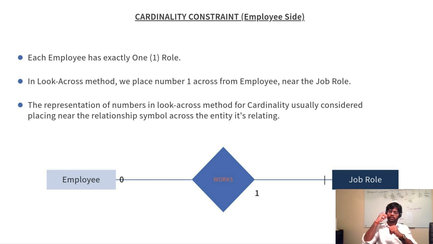Now let's understand the employee side of cardinality constraint in our case. In our example, each employee has exactly one role. So in the look across method, we place the number one across from employee near to the job role side, right beside the relationship symbol, which is the standard way of representing the cardinality constraint.